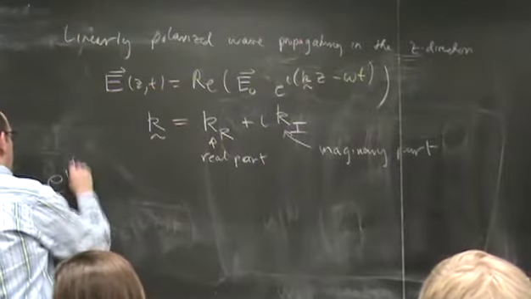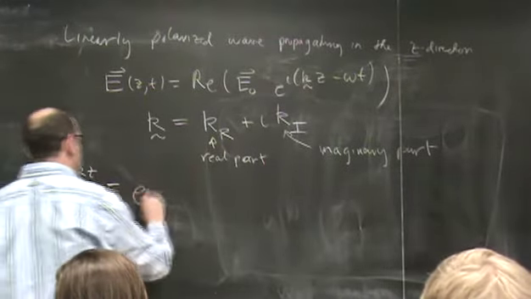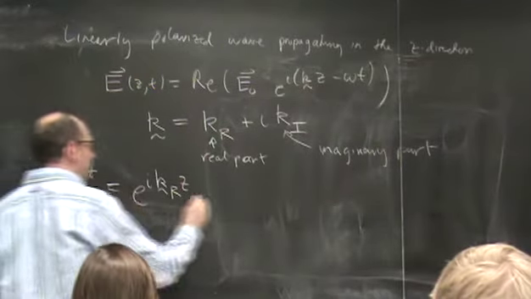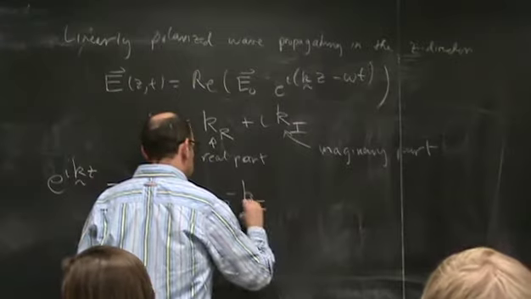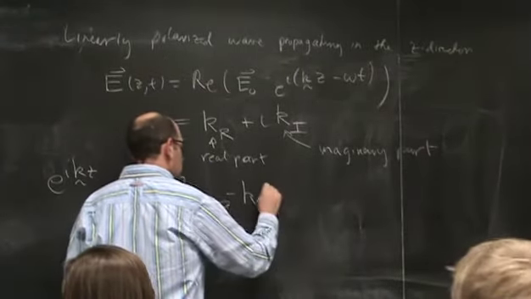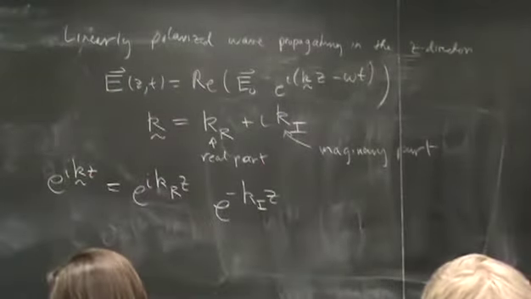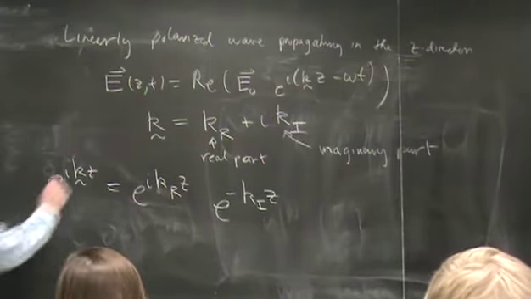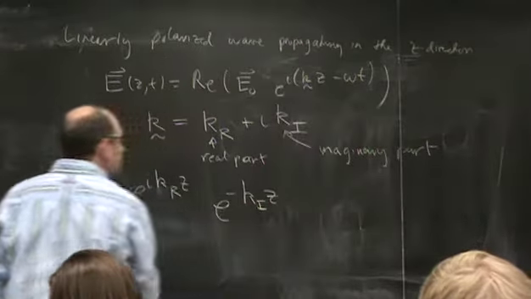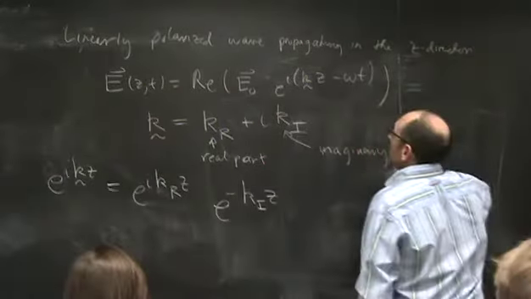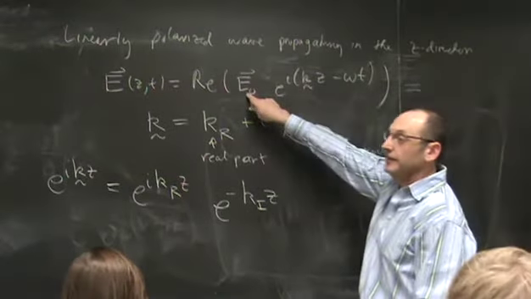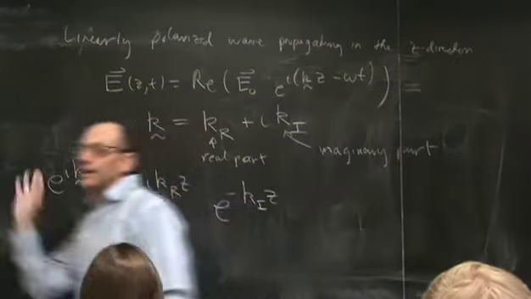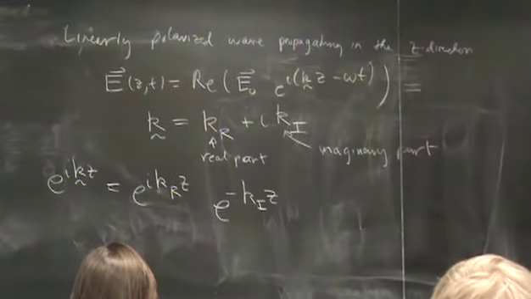So e to the i k tilde z is e to the i, the real part, and then i times i is minus 1. Okay? So I plug that into here, and what I find is that, assuming this is a real vector because it's linearly polarized, and I'll just take its phase to be 0.